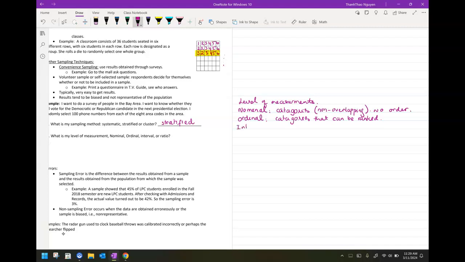Interval. You can rank the data. Precise differences between units of measure do exist.